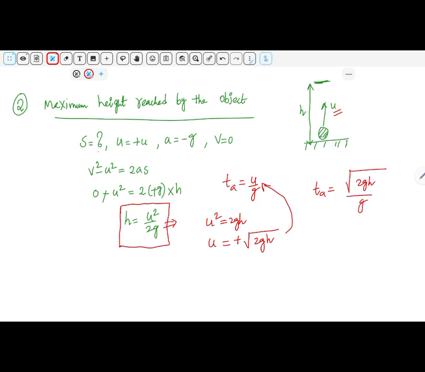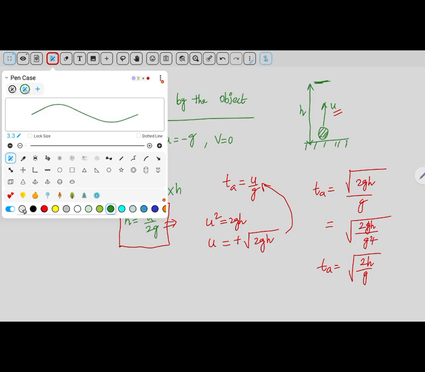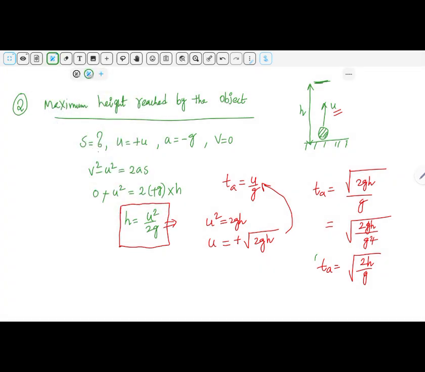Now I want to make this g enter inside the root, so I need to take the square for g. What we will get now is 2gh by g square. So 1g and 1g get cancelled out. So another expression for time of ascent is under root 2h by g, where h is the maximum height reached by the object when it is thrown with some initial velocity.